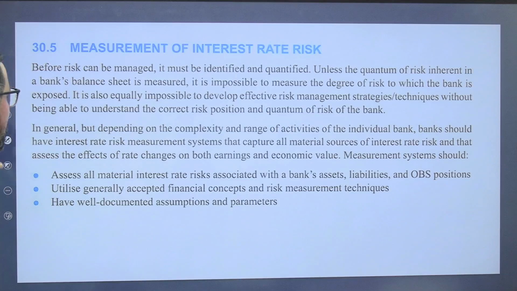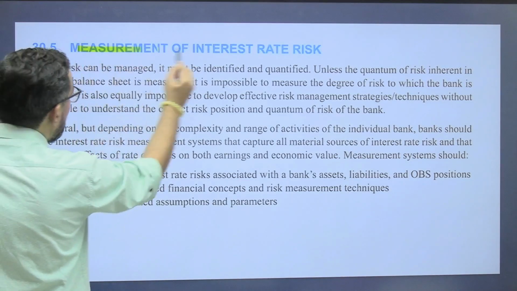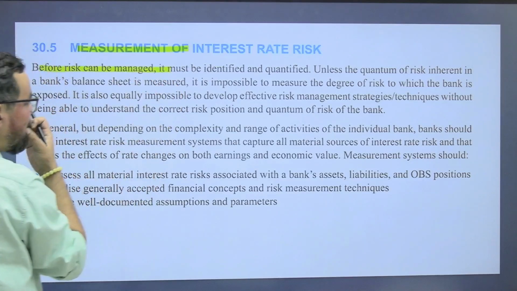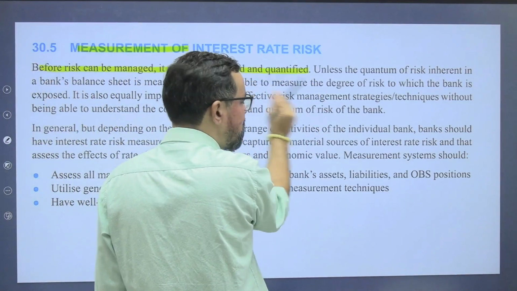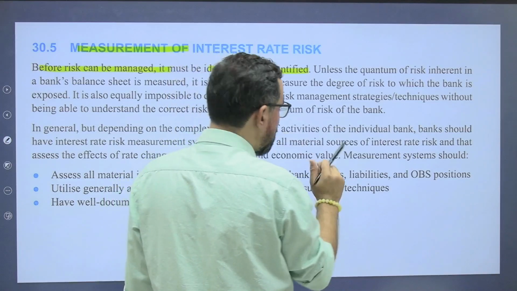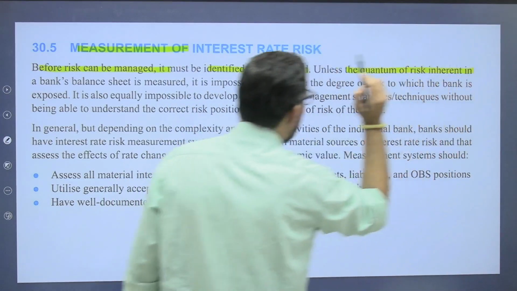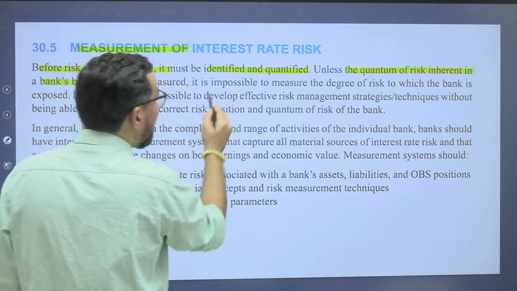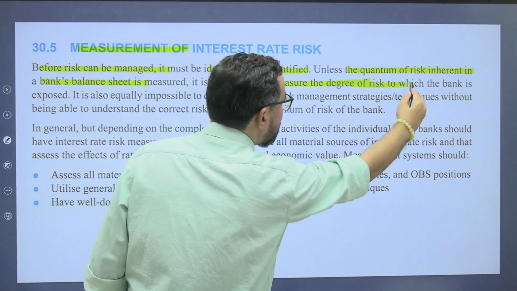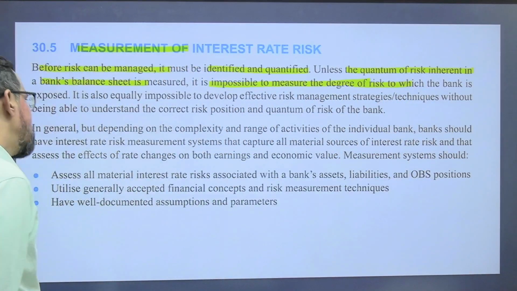So measurement of interest rate risk. Let's have a quick look. Before a risk can be managed, it must be identified and quantified. The very first two stages of risk management process. Unless the quantum of risk inherent in bank balance sheet is measured, it is impossible to measure the degree of risk to which the bank is exposed.